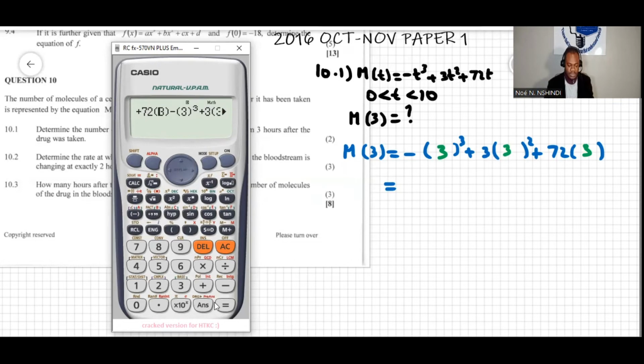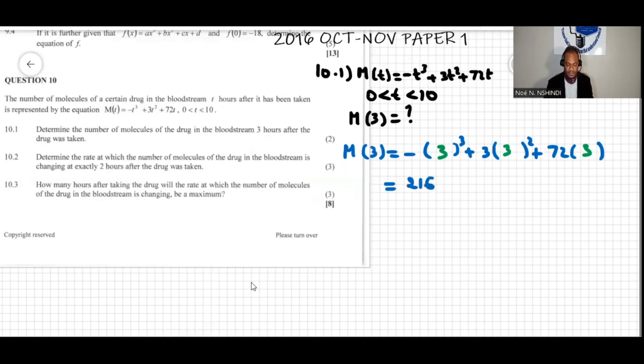So when we hit equal, this is equal to 216. So there are 216 molecules after 3 hours.